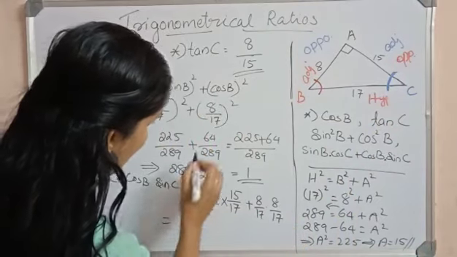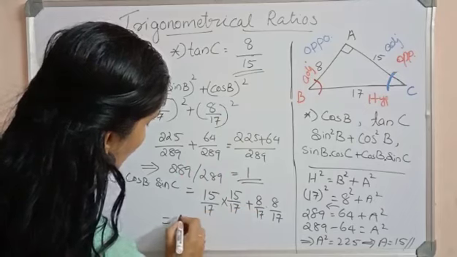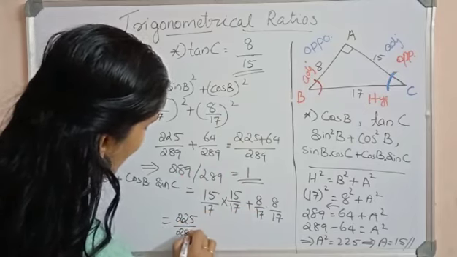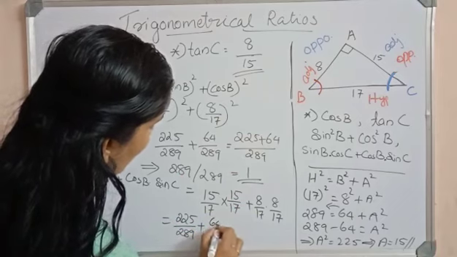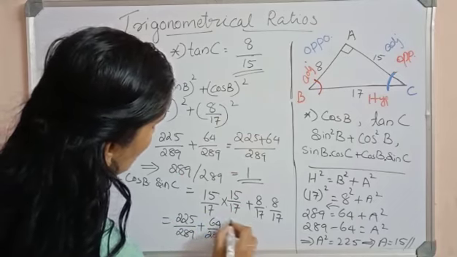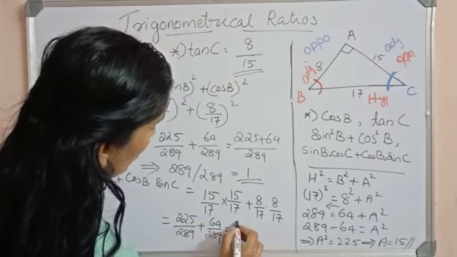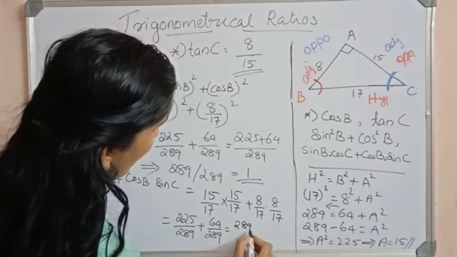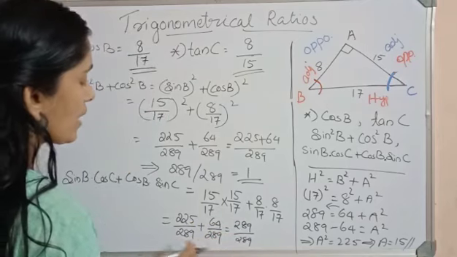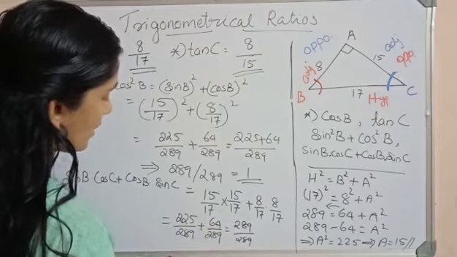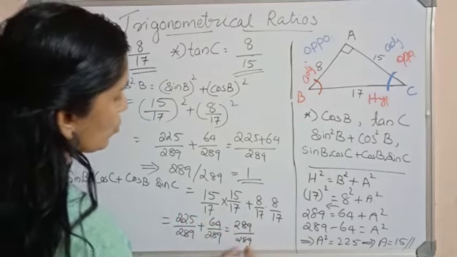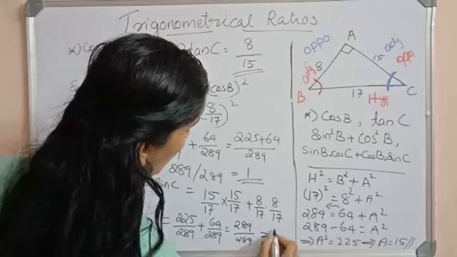So when you multiply, you get 15 into 15 is 225 divided by 289 plus 64 divided by 289, and that's equal to 225 plus 64, that is 289 by 289. Here the denominators are equal, so you can just add the numerators. 225 plus 64 is 289, so it is 289 by 289, which is equal to 1.